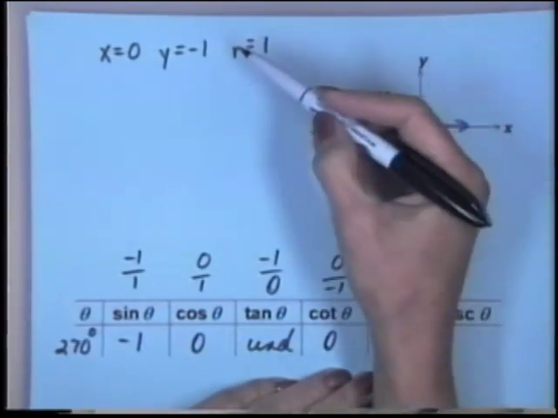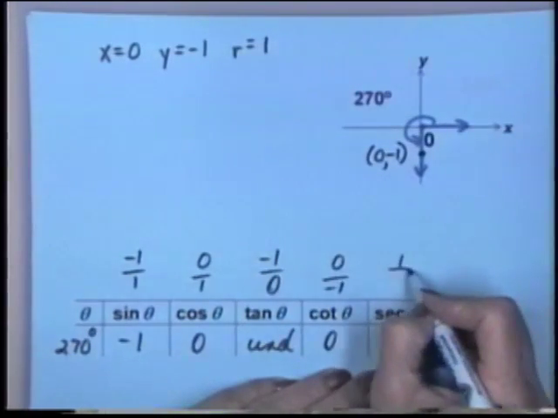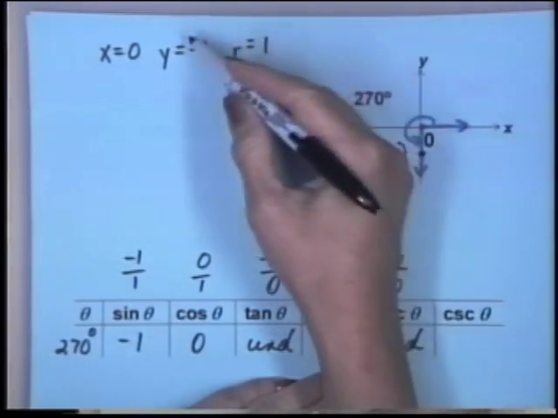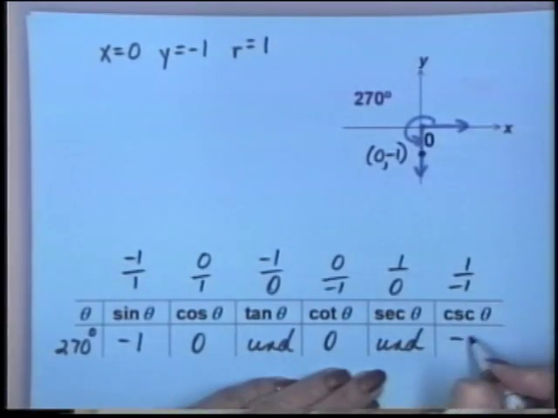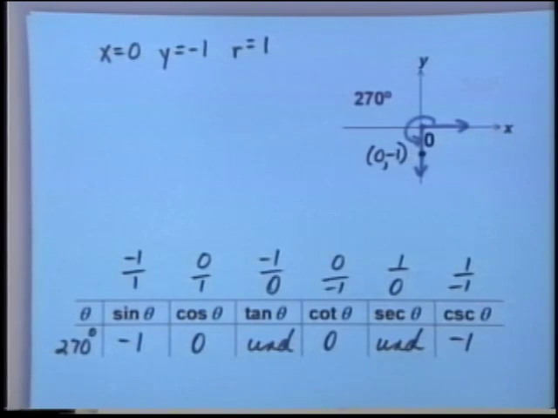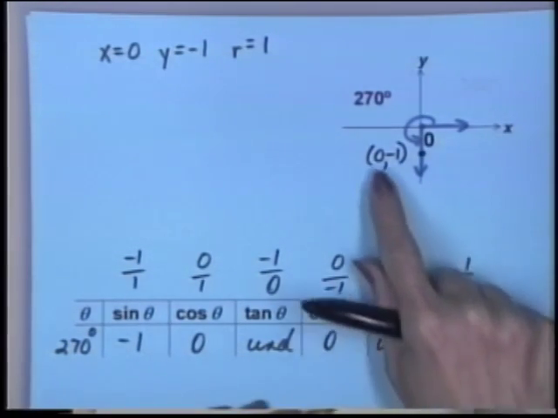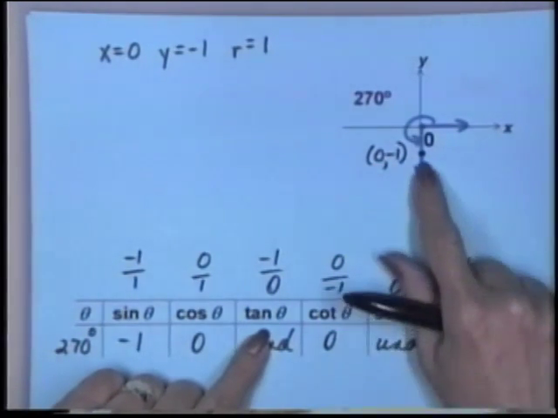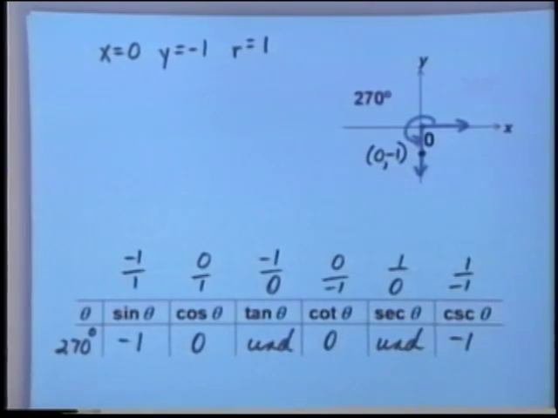Secant r over x is undefined, and cosecant r over y is -1. Note that the tangent of 270 degrees is undefined and the secant of 270 degrees is undefined. And of course, the reason for that is because for the tangent and the secant, x is in the denominator and the x coordinate in this case is 0.